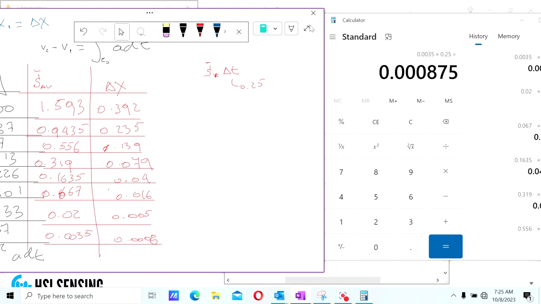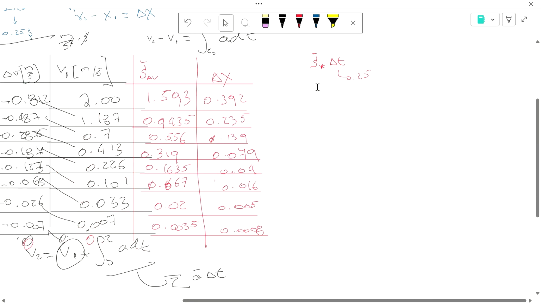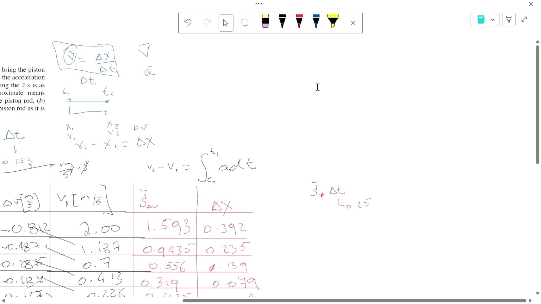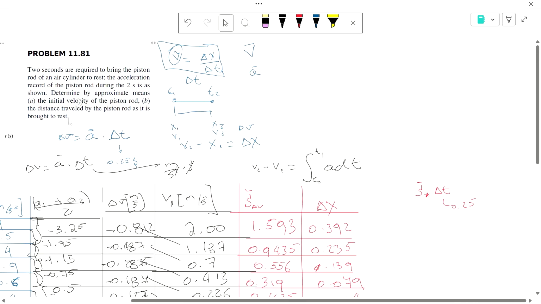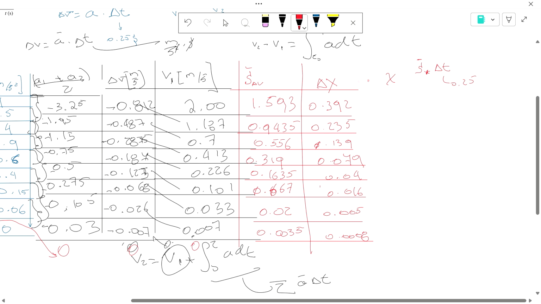Okay, so now that we have delta x, we can find the distance that they're asking for, because the question that we're trying to answer is the distance traveled by the rod. Next we want to find the actual distance, x, and all this is in meters.